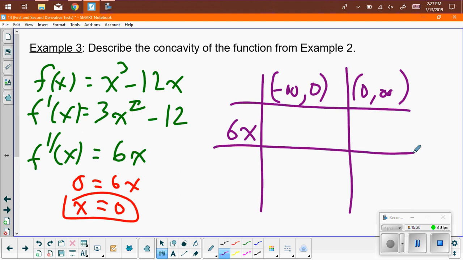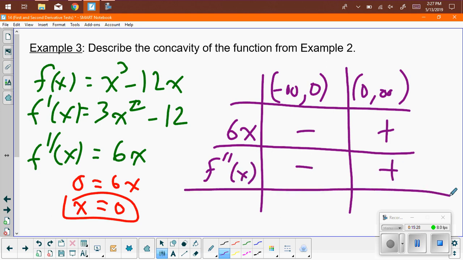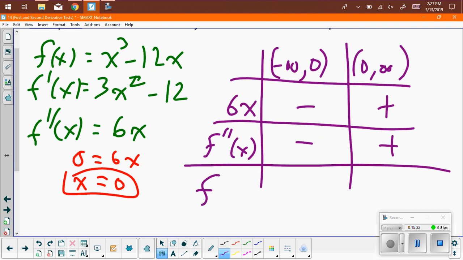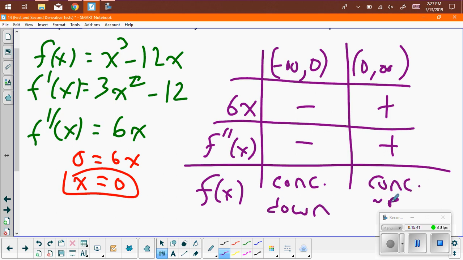When I'm less than 0, this is negative. When I'm greater than 0, this is positive. So my second derivative is negative and positive, and my overall function is concave down, and then concave up.